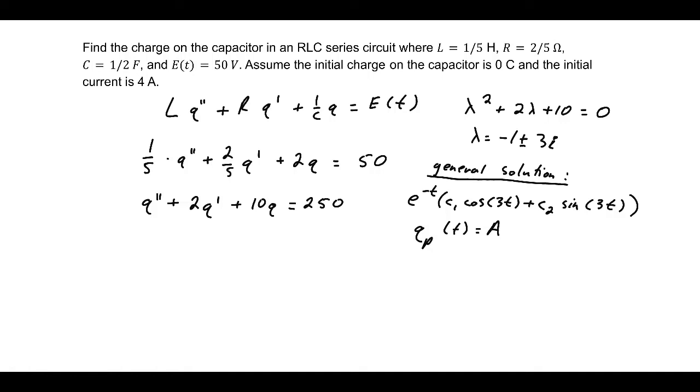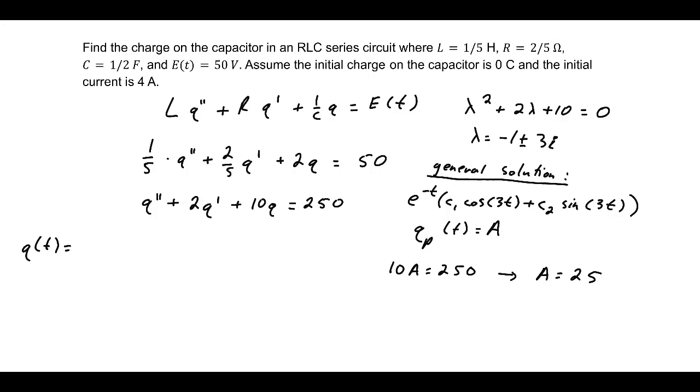The first derivative of that is also 0, so this gives us the equation 10 times A equals 250, so that A, our coefficient there, is 25, or our function there is Q sub P of t equals 25. Now, summing these things together, we can have our general solution of Q. It's the sum of our general solution and our guessed function that we have with our parameter.